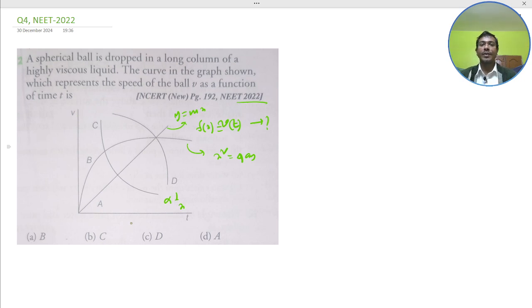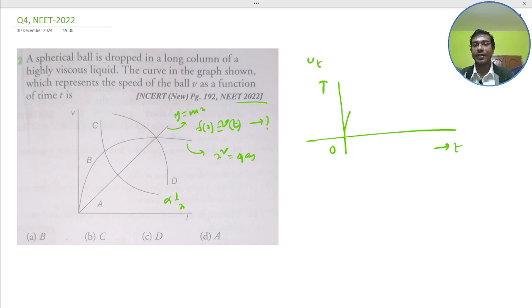So here one thing is that the ball is dropped in a viscous liquid. So you have to find the terminal velocity as a function of time. This is t origin and the vt. So the terminal velocity graph increases exponentially and then saturates at a constant. This point is the vt.